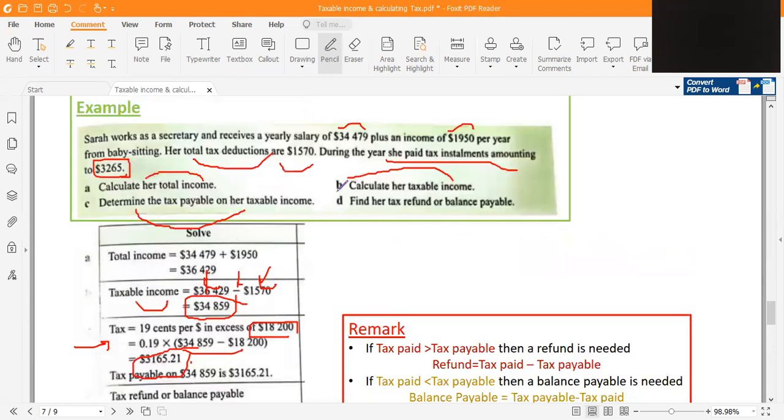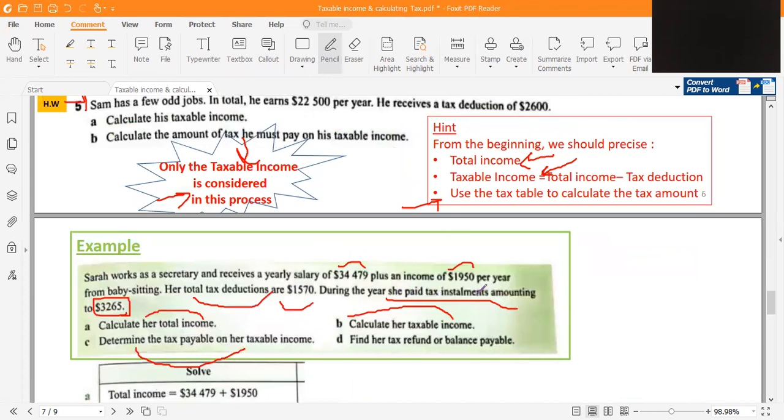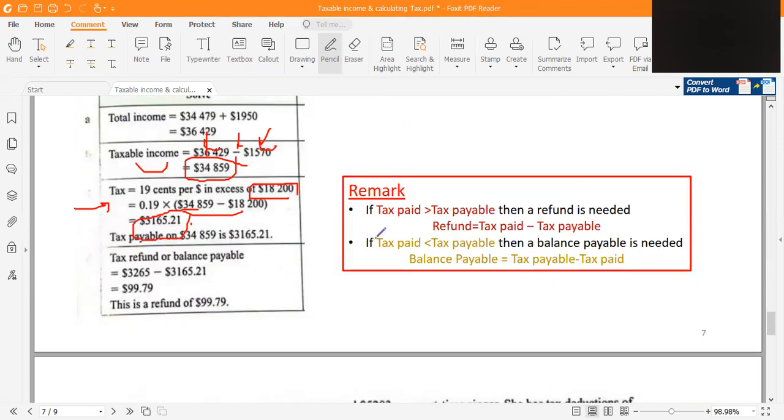But she paid tax installments. If the tax paid is larger than the tax payable, then a refund is needed. A refund equals tax paid minus tax payable. If the tax paid is smaller than the tax payable, then a balance payable is needed.